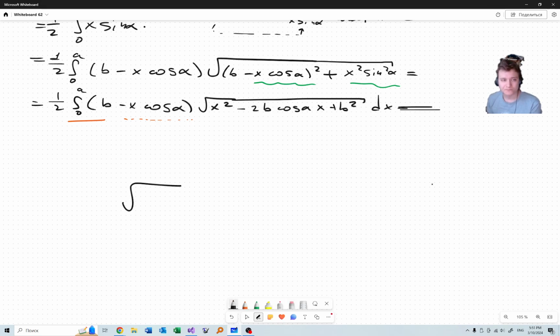Square root of t squared plus 1 times t. This is what we need. This is easy.